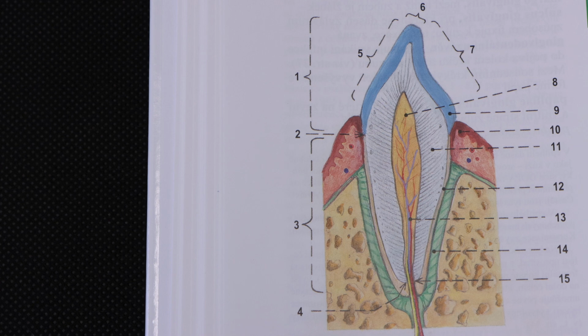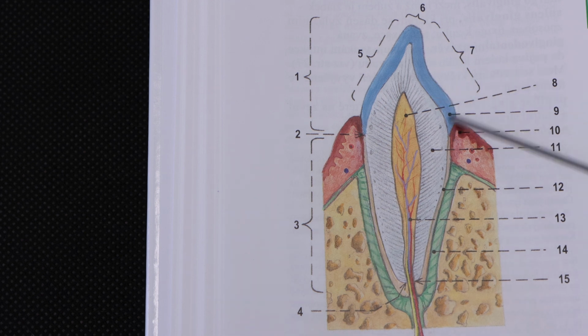And also the nerves that go to the pulp chamber penetrate toward the dentine, and that's why the dentine is sensitive. If the caries goes to the dentine region, you can feel the pain and sensitivity of the tooth.